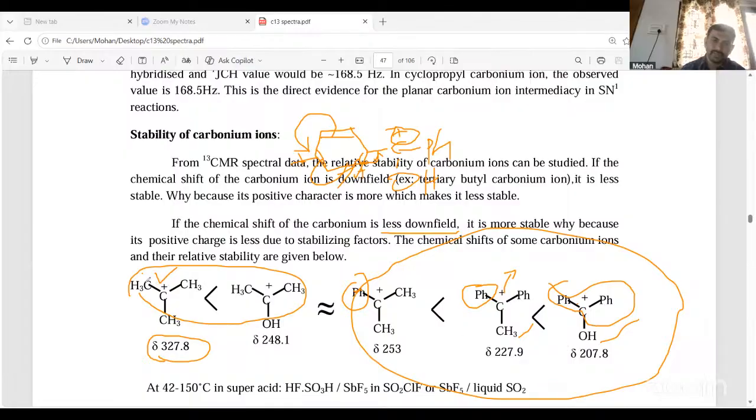But in this methyl, you see, there are no pi bonds. This methyl is stabilized by hyperconjugation. But this carbocation is stabilized by resonance.